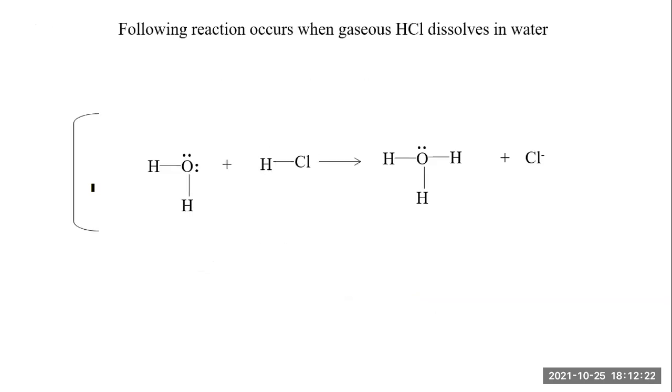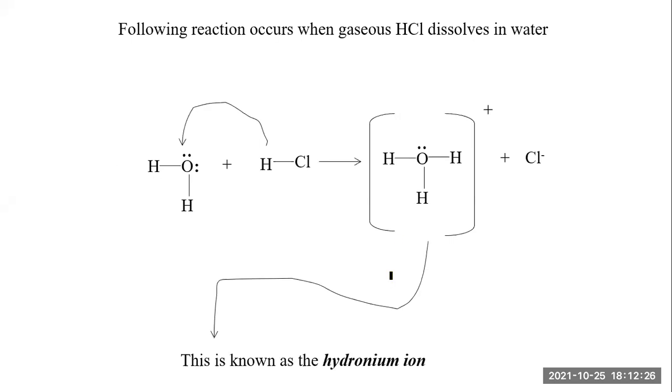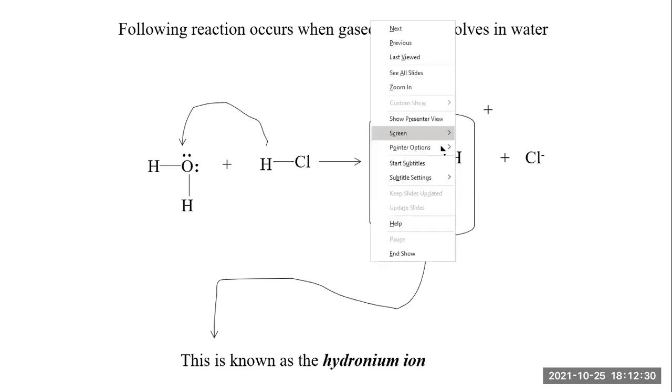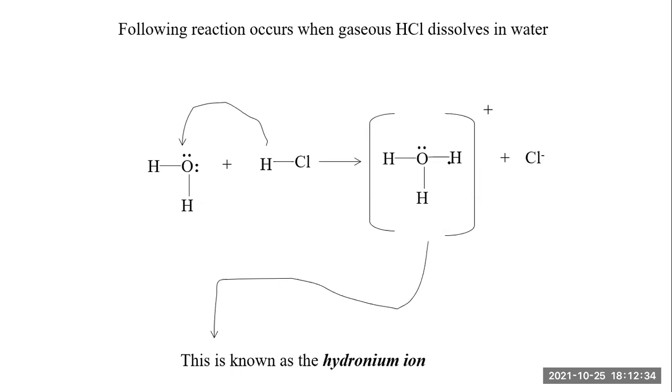So what's happening here, as you can see, is that HCl is donating its H plus over to the water, and that makes our H3O plus and our Cl minus. So earlier I mentioned that, in acid-base chemistry, H plus is pretty much the exact same thing as H3O plus.